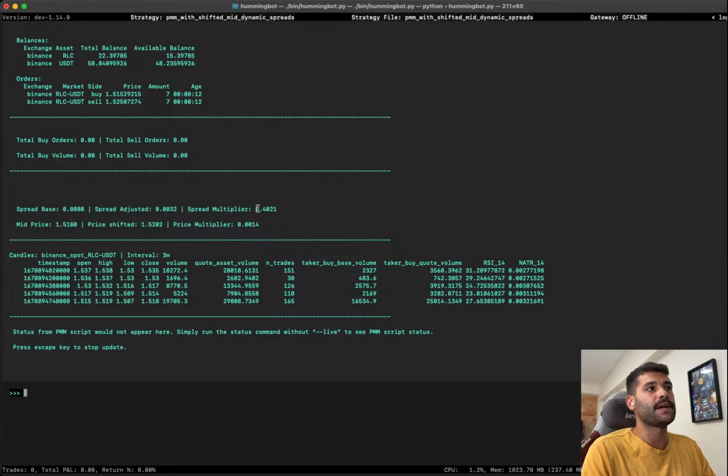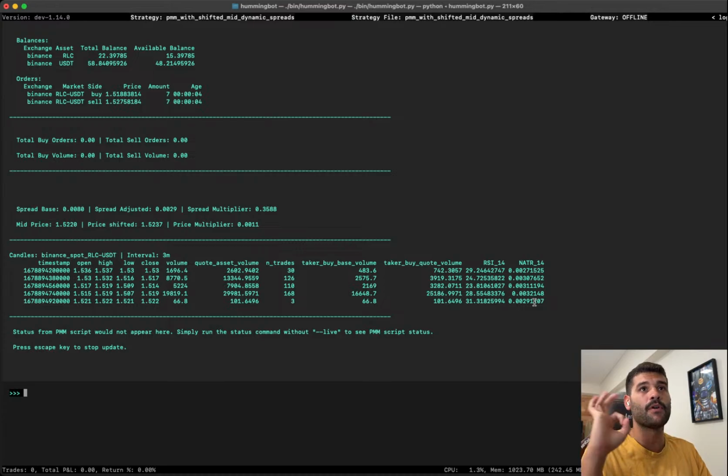So as you can see, the multiplier is 0.4. Does that make sense? Well, as you can see, we're using the normalized average true range, that is 0.0032. So it's using this value as spread. So it's working as we expect. Remember that we are scaling the normalized average true range to 0.5 when we are computing the indicator.